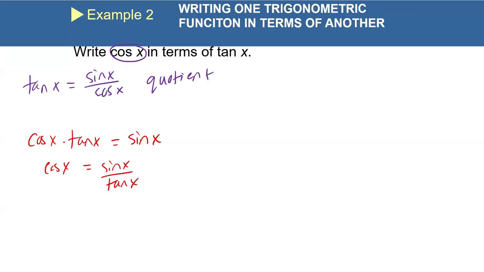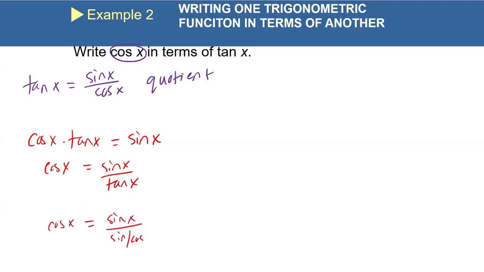So what happens here? What is tan again? Tan is sine over cosine, correct? So that means that I have sine X over sine X divided by cosine.